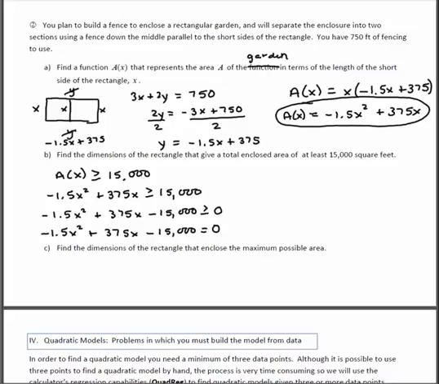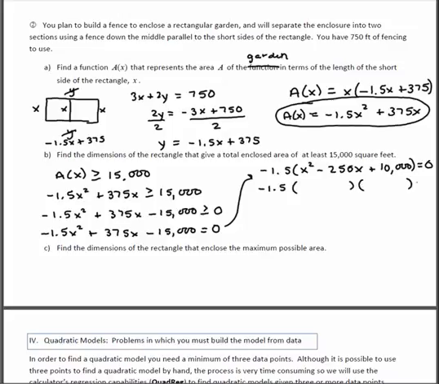Okay, let's see. First of all, I'm going to factor out that negative 1.5. And when I divide everything by negative 1.5, I get x squared minus 250x plus 10,000 equals 0.